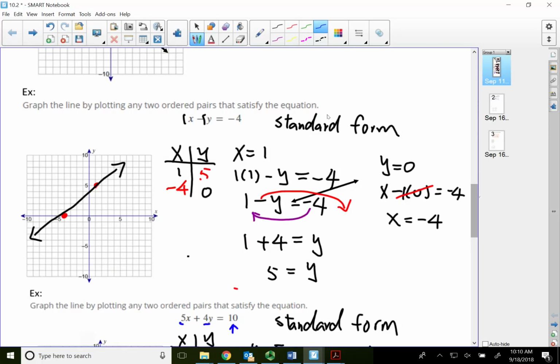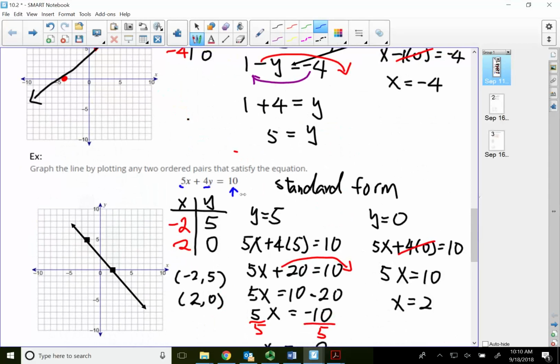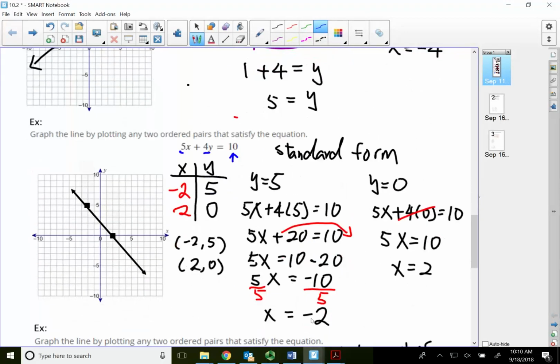It's just that when we are dealing with standard form, it's sometimes tricky, because we might need to avoid fractions or decimals in the missing coordinates. So there is a way to choose which variable I pick a number for, and what number I pick.